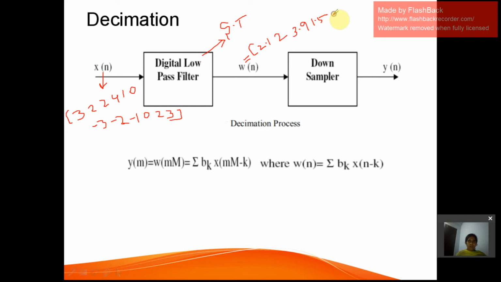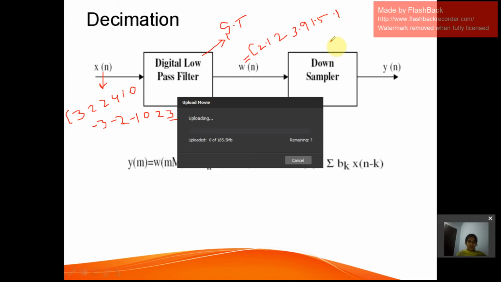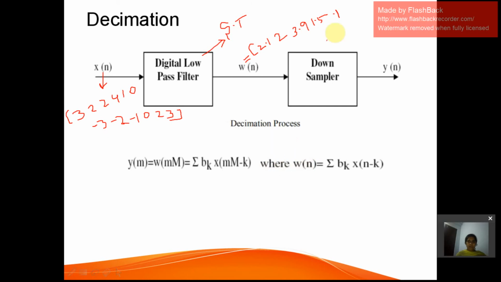0.1, and minus 2.9, -2, -1.1, 0.1, anything.